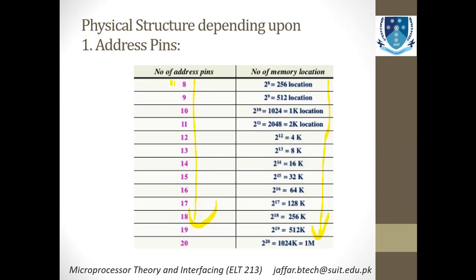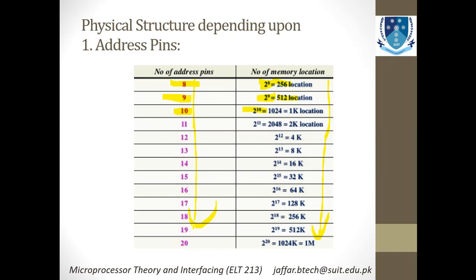If you are using just 8 bits, you can have a total of 2 power 8 locations, that is 256 locations. If you are using 9 pins as address pins, the possible locations can be 2 power 9, or 512. Similarly, if you use 10 address pins, you can have 2 power 10, and the list goes on.